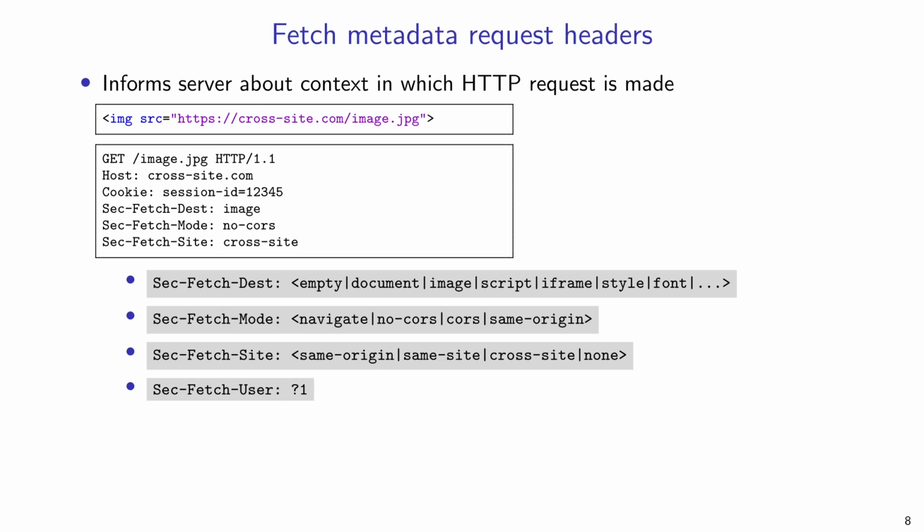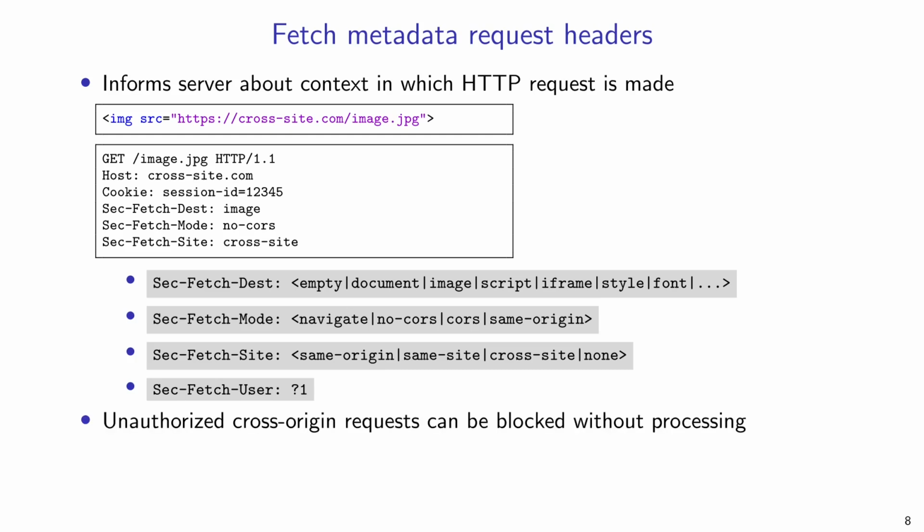There is actually one more header, Sec-Fetch-User, which will be present only in case a navigation request originated due to a user interaction, such as by clicking a link. Otherwise, this header will be absent. So what these headers provide us in practice is that unauthorized cross-origin requests can now be blocked by the server without processing them.